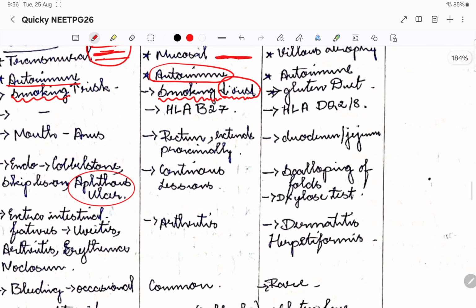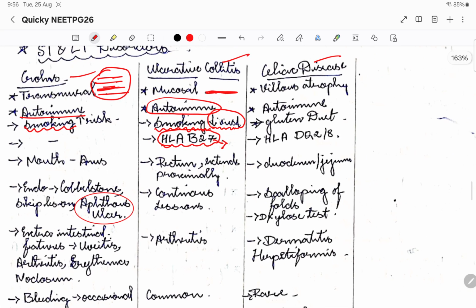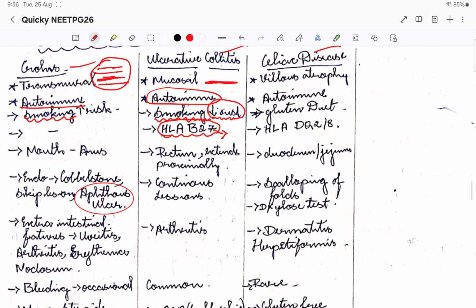So it is the HLA-B27 that is affected. HLA-B27, remember, all the rheumatic diseases were HLA-B27, right? Ankylosing spondylitis, psoriatic arthritis and all these things. So HLA-B27 is involved.